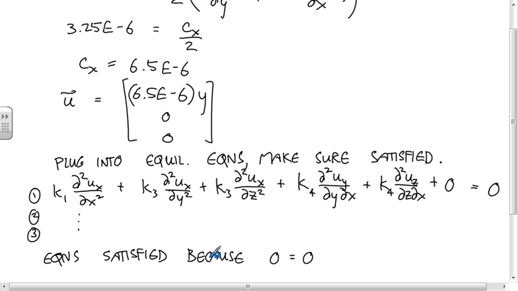And so now the only thing that we have to make sure about is that the boundary conditions are satisfied. Okay, it's sort of trivial that this satisfies the differential equations, but now we have to make sure that the loads at the edges are satisfied by this displacement.